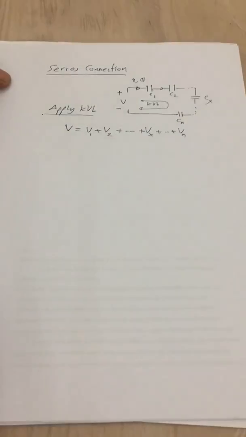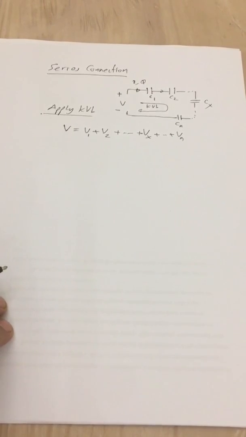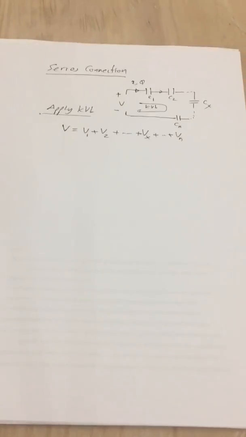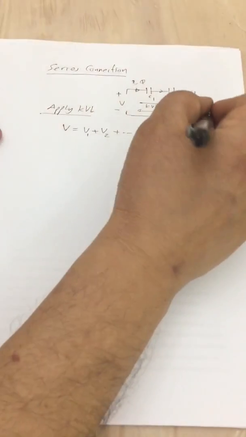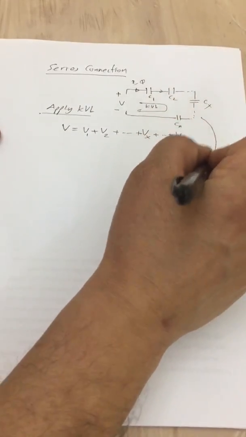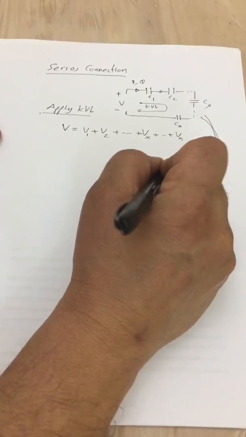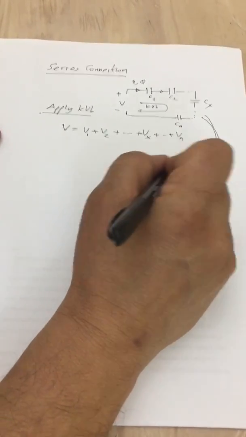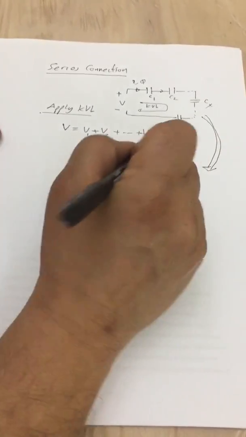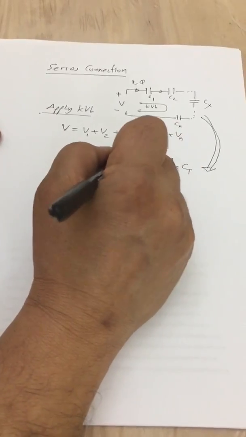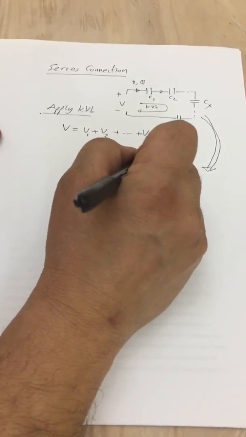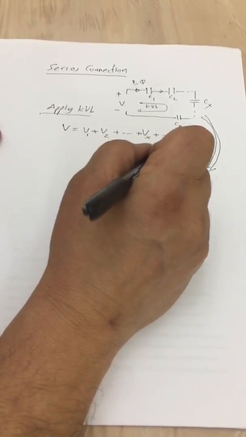So the sum of all the voltages across the capacitors will equal the total voltage. So we now transform this circuit to a single capacitance and we call it C total. C total, you apply plus minus V, you get Q total.